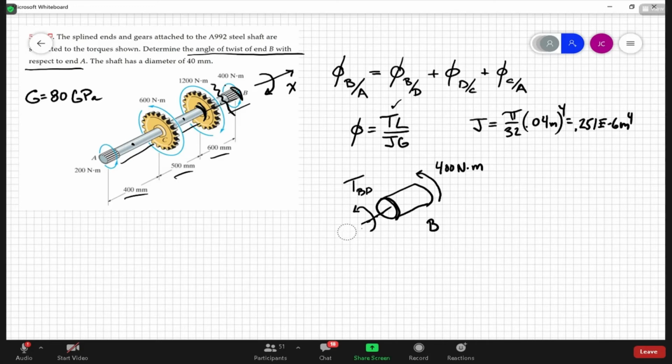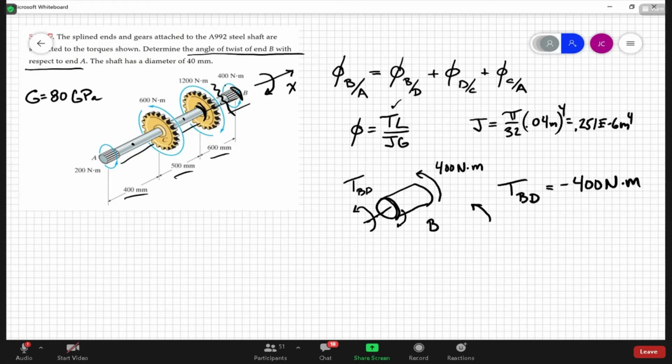And here you can see that torque BD is obviously equal to minus 400 Newton meters. In other words, it's really going the opposite direction. And that means that face B is going to rotate in that direction relative to the cut section, right?